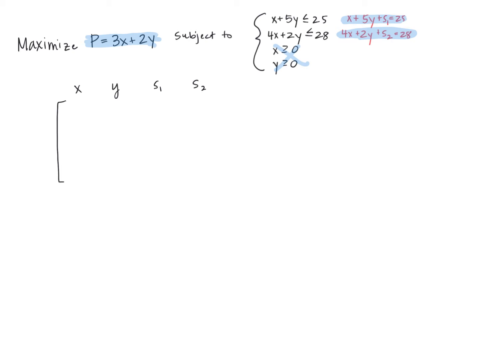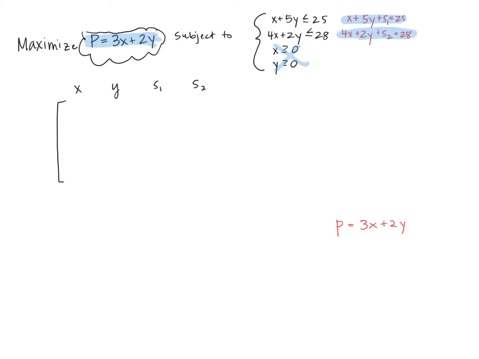The next thing you want to realize is that you always want to have your solution or your constant on the very far right of your matrix. If I look at the function I'm trying to maximize, I don't have it set equal to a constant. So I've got p equals 3x plus 2y. There is no constant there.